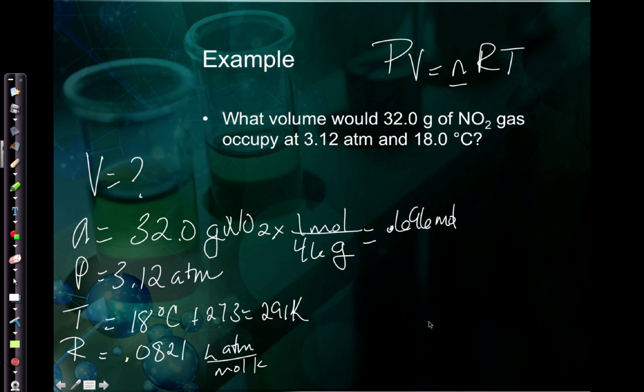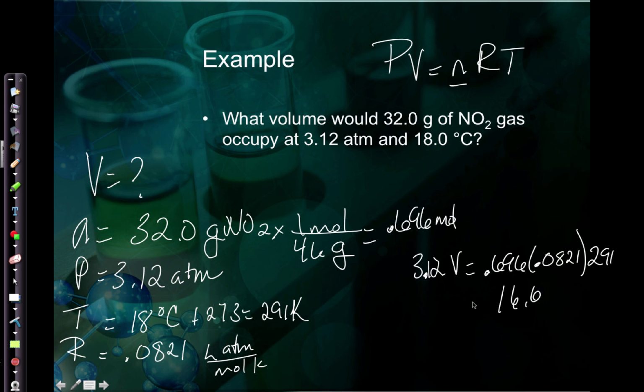So then you can just simply plug it into the formula at this point. So P is 3.12. V is unknown. n is 0.696. R is 0.0821. And my temperature is 291. All right, so if I multiply it all out, I get 16.6 here.